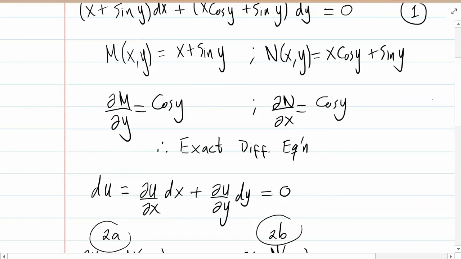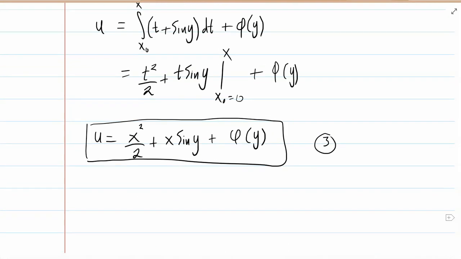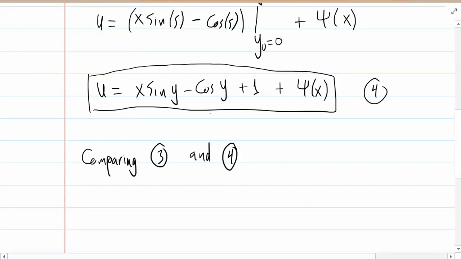Let's take a look at equation 3 again. I have x squared over 2 plus x sine y. x sine y is a shared function. So x sine y minus cosine y plus 1.